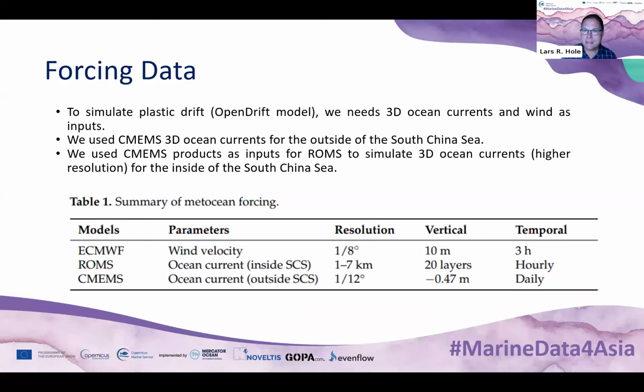So for forcing data, we need both wind input and good ocean model input. And we used three-dimensional CMEMS products on the boundary for the ocean modeling, and then ROMS ocean model inside the boundaries. And then the wind data we took from ECMWF reanalysis.